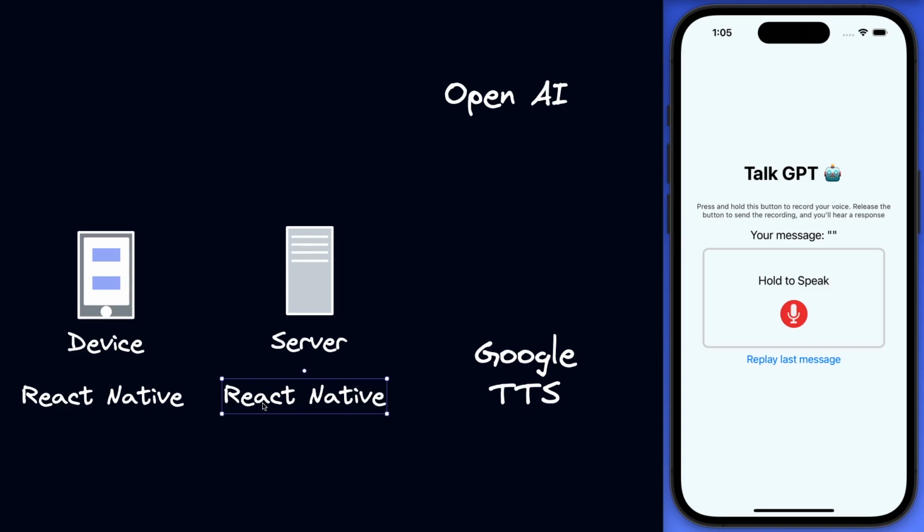And also when we are dealing with these APIs that we need to pay as developers to use, it's highly recommended that you handle this logic on the server so that you don't expose anything to the client that could be used against you. For example, a client could extract your API keys or something like that. So you don't want that. That's why we are gonna create this server.